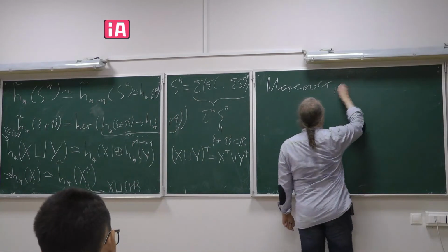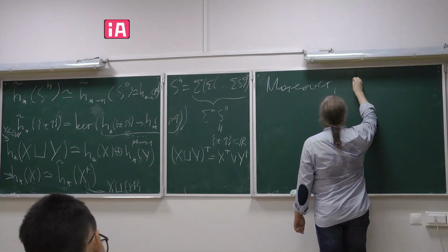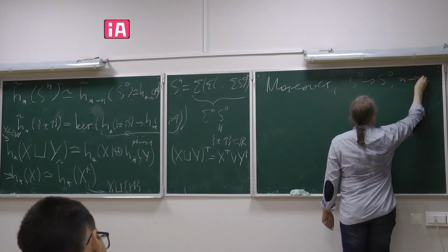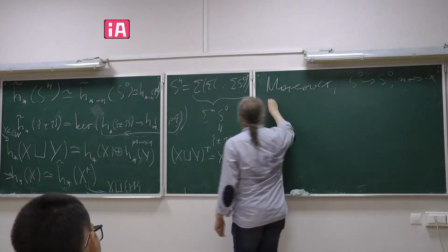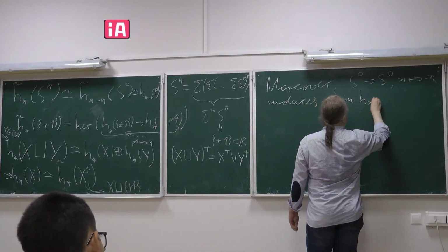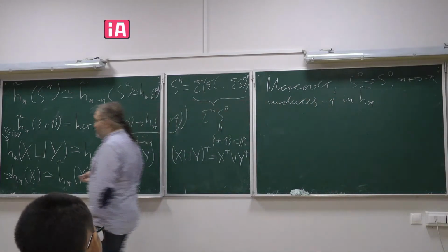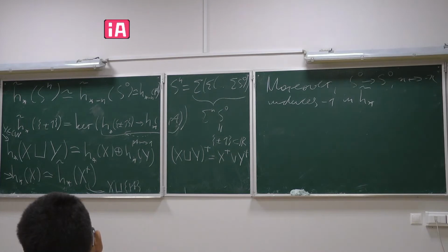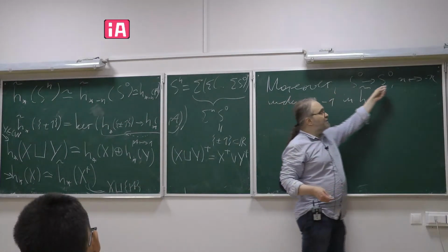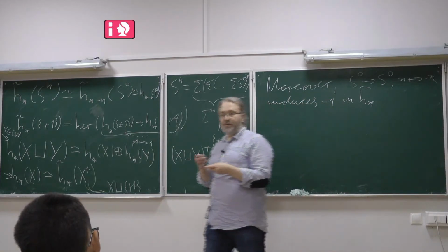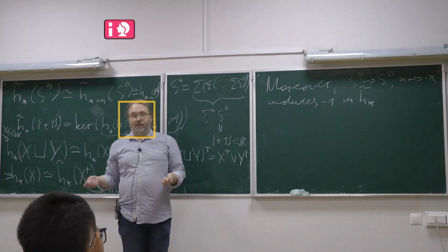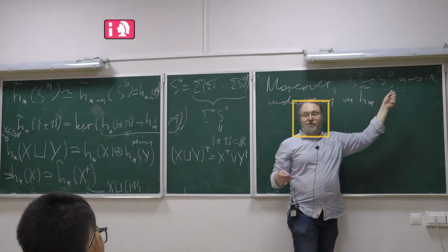Let's also assume for a minute that the map from the zero sphere to itself, which interchanges the points, 1 goes to -1, -1 goes to 1, induces -1 in the reduced homology.